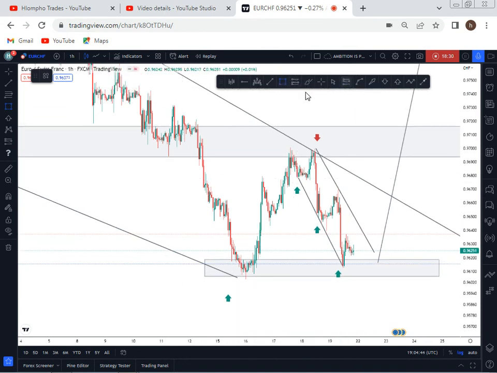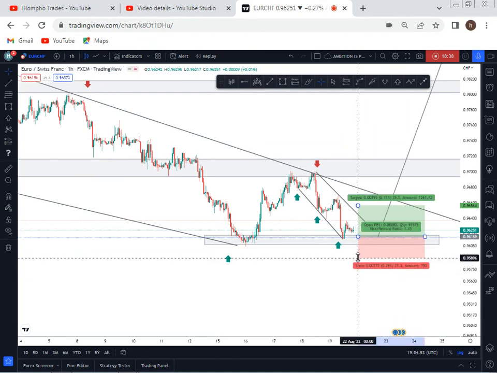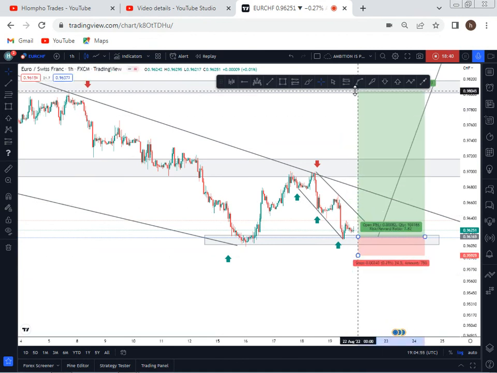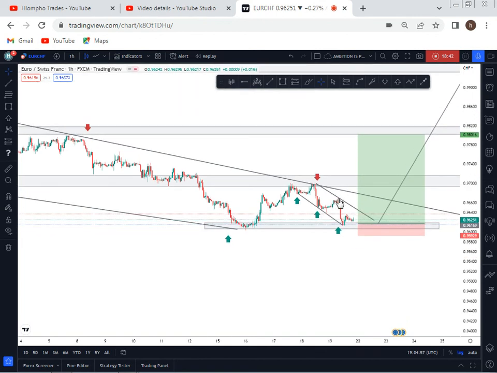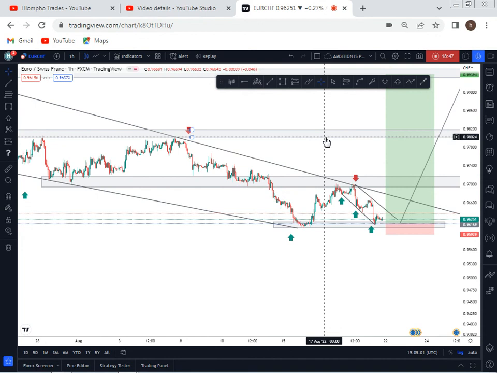We should enter our bias, guys, once we have a clear double bottom with a confirmation candlestick, which is a bullish candlestick.